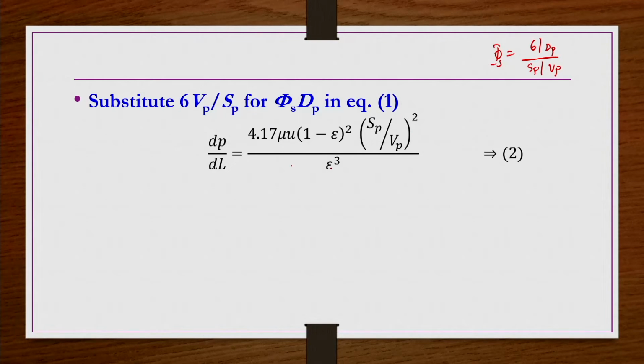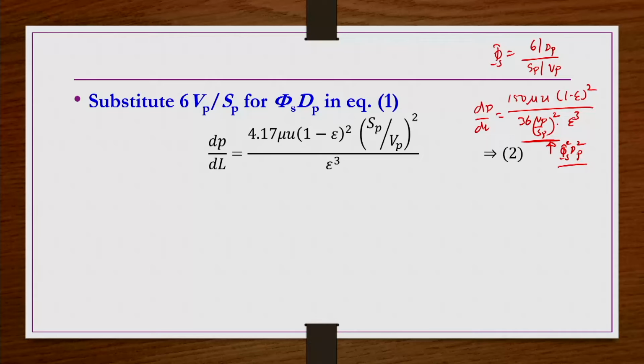And then epsilon cube. Here what we had actually was 150 mu u (1 minus epsilon) whole square, over phi s square dP square.